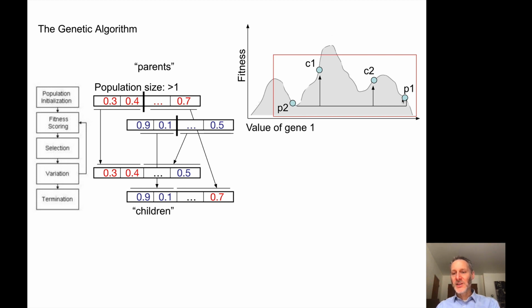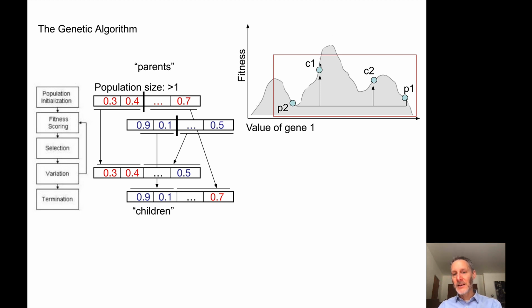It's inherited some genetic material from P1 and P2 that has allowed it to escape from both local optima that its two parents are respectively trapped on, and it invades a whole new space, a whole new way of behaving. And unbeknownst to C1, remember this whole thing is bathed in fog. The genetic algorithm can only see the heights of the points that it's tried so far. Suddenly C1 is higher than anyone has been before.